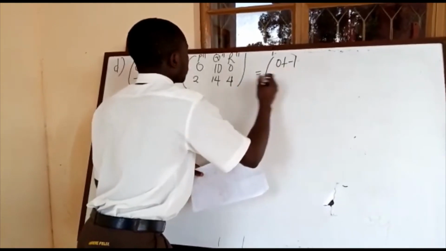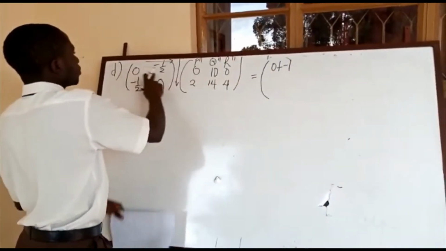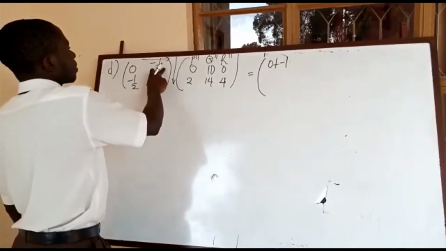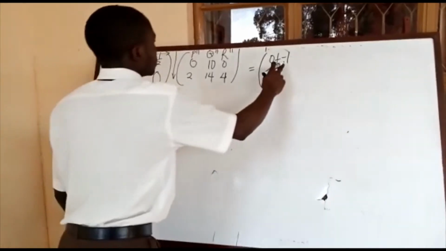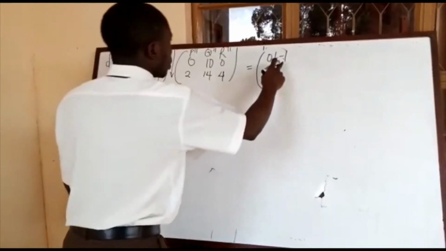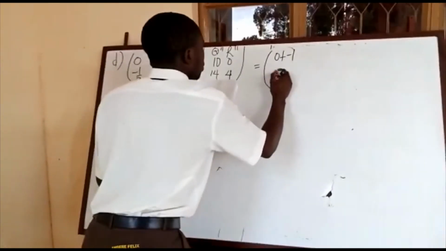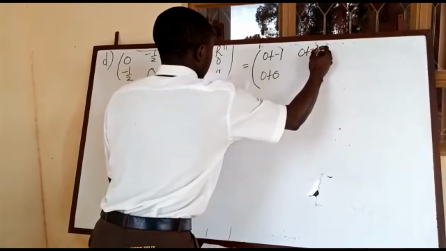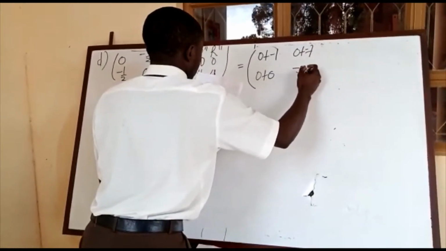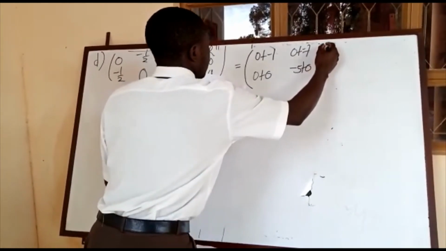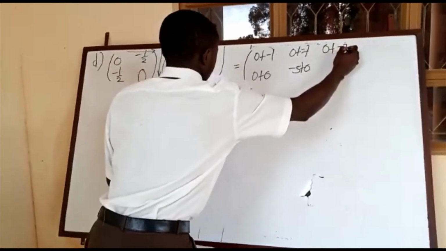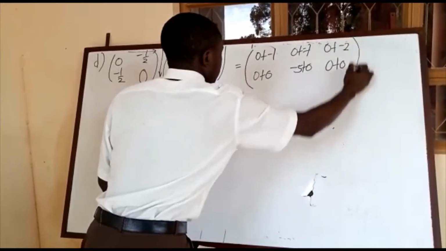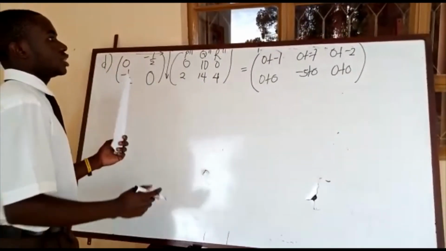So we shall have 0 times 0, which is 0. Then negative a half times 2, which is negative 1. And then we come to the addition.